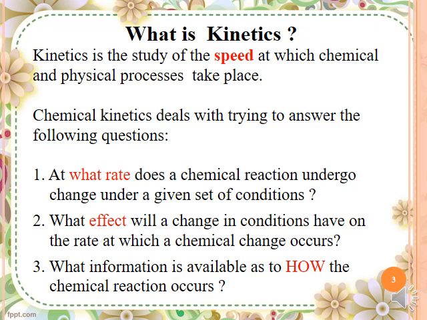When we talk about chemical kinetics, we are trying to answer the question of at what rate does a chemical reaction undergo change under a given set of conditions. A given set of conditions means what is the concentration of the solution, what is the temperature. So those are the set of conditions. When you have this set of conditions, what is the rate of chemical reaction?